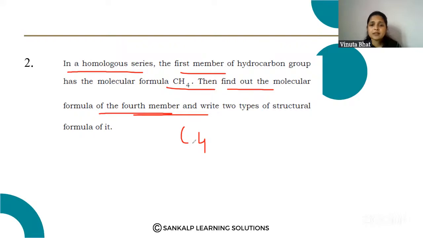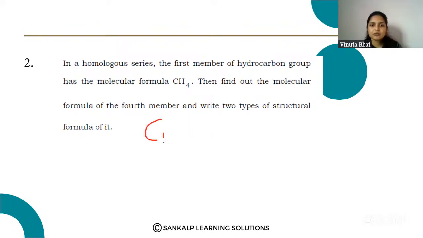The formula CnH2n+2 will apply for this. So C4H10, that is butane.